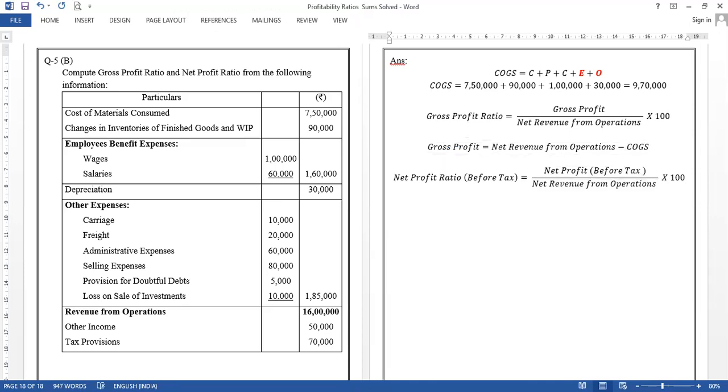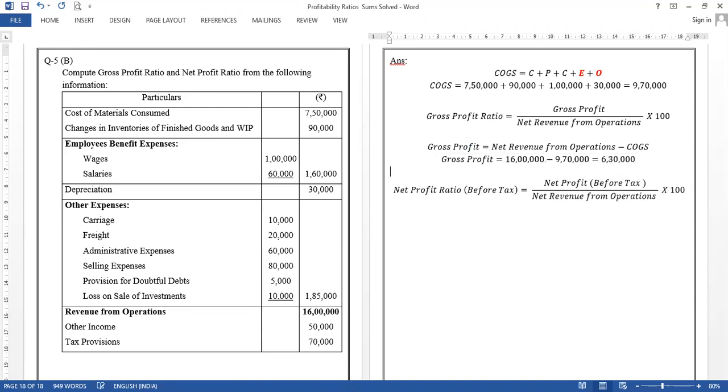COGS we have calculated earlier, so I have taken that value. Net revenue from operations can be seen as 16 lakhs, right, minus COGS is 9,70,000. So net amount is 6,30,000. So this is my gross profit.